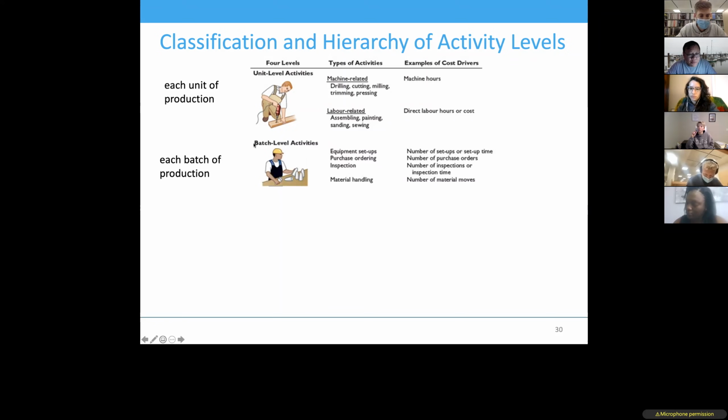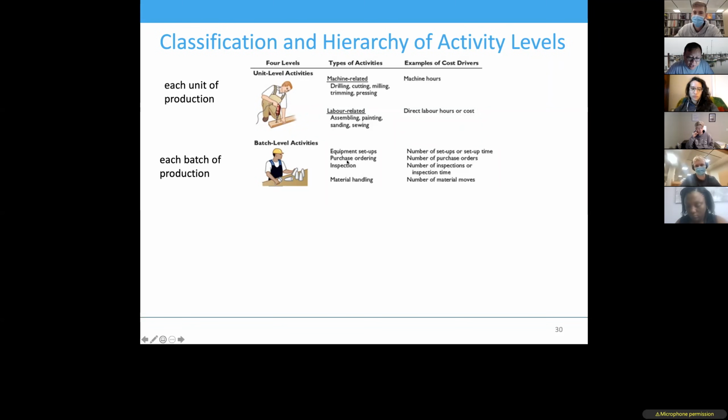The next one would be the batch level activity. For example, when you set up equipment, you are processing a batch of items. You are not just doing one and then you are done. You set up the machine to process a batch of production coming.